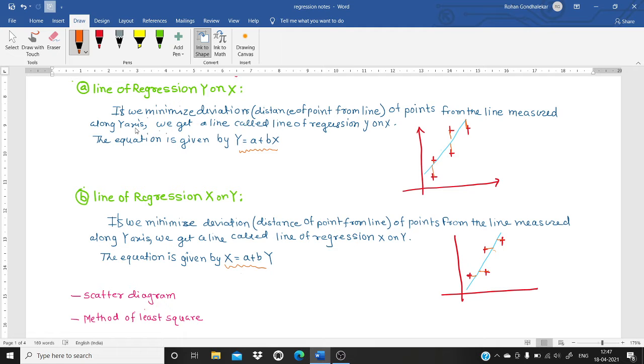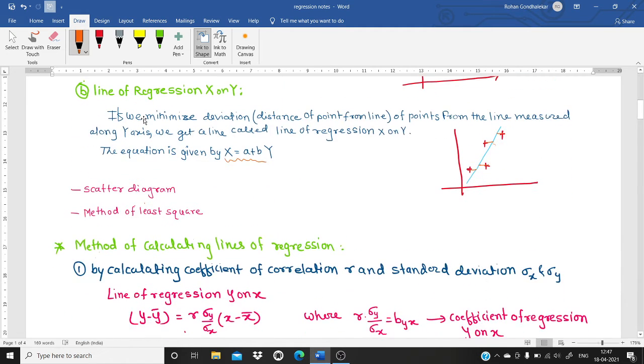Okay, fine. Now the next point is very important. How do you calculate the line of regression? One way is to use the scatter diagram, which is exactly similar to this. This is nothing but the scatter diagram method. What I need to do is plot the points, then draw the line of best fit, and then from the line try to estimate the value of y or value of x depending on it.